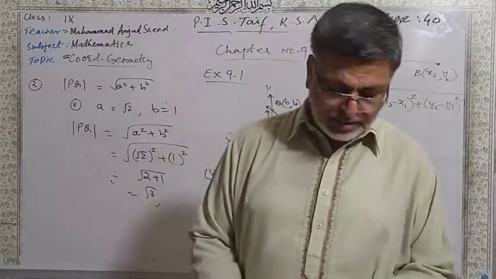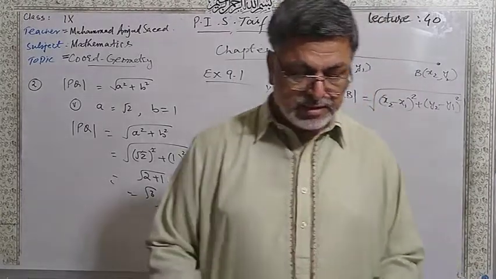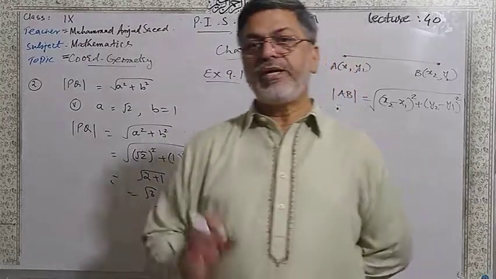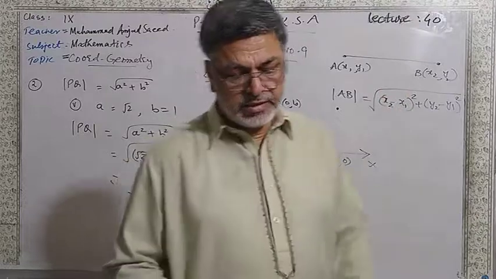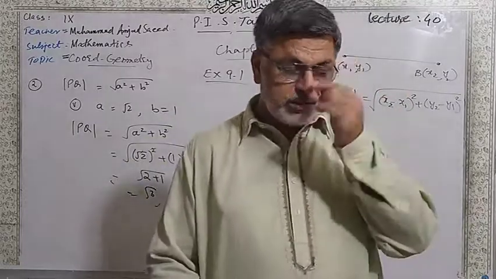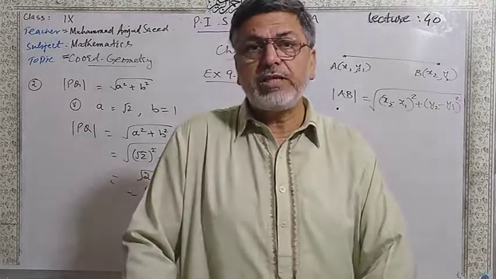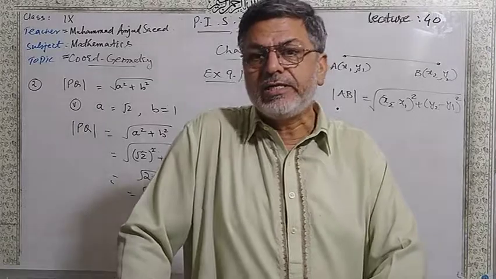After that, dear students, we have our next exercise. In the next exercise, we will frequently apply this one formula, the distance formula. Remember that if a triangle has all three sides equal and angles equal, it is known as an equilateral triangle.